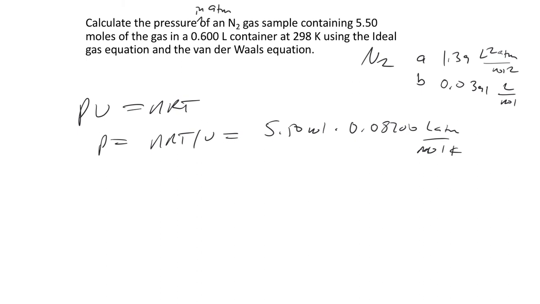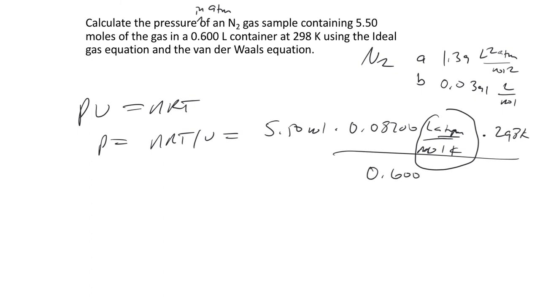That's just to make sure we see why we're using these units of R: because we want to get the pressure out in atm. Then we multiply by the temperature, 298 Kelvin. The volume of the container is 600 milliliters, so 0.6 liters. This looks like it'll be a high pressure. Yep, 224 atm.